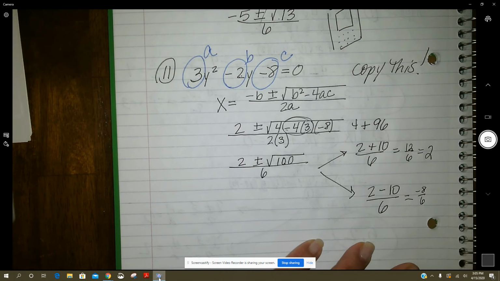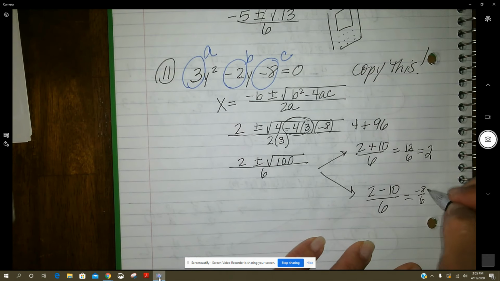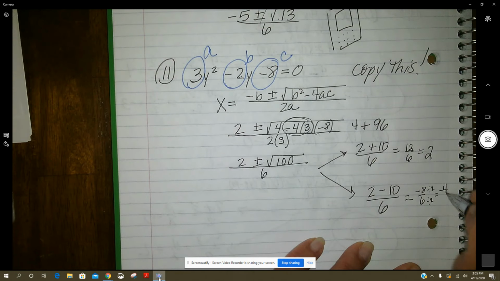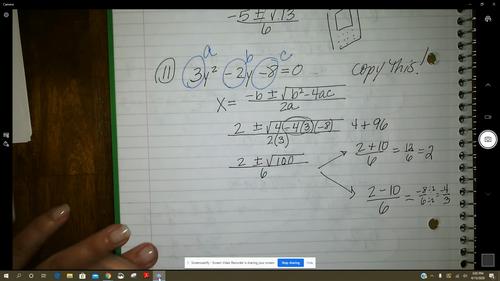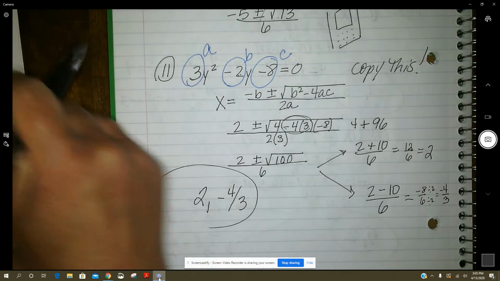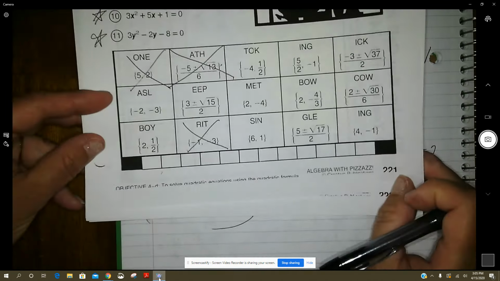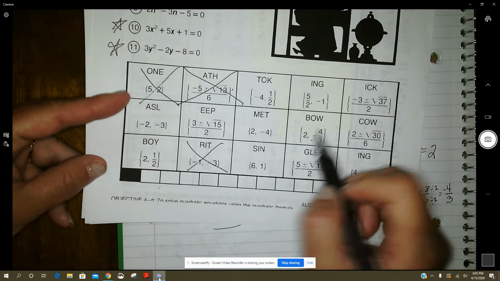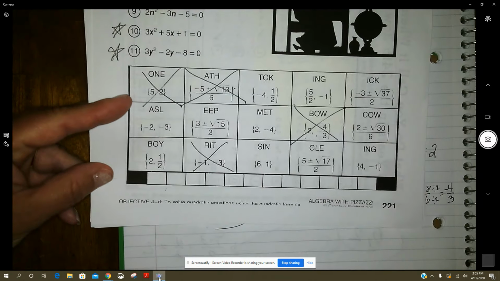Divided by 6, what? Well, if I reduce this fraction, I'm going to get a negative 4/3. Sorry that I'm running off my page. So I'm looking for a 2 and a negative 4/3. And if I look at my paper, there she blows, crossing it out.